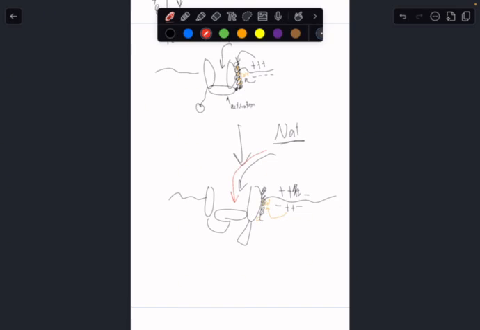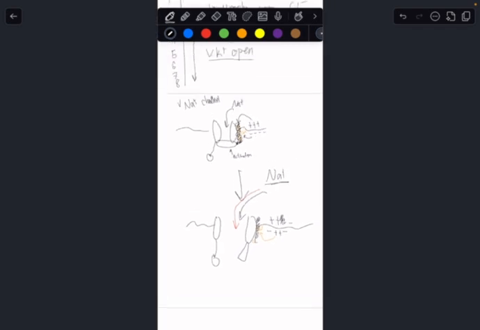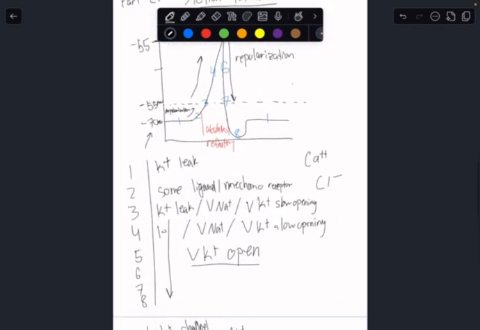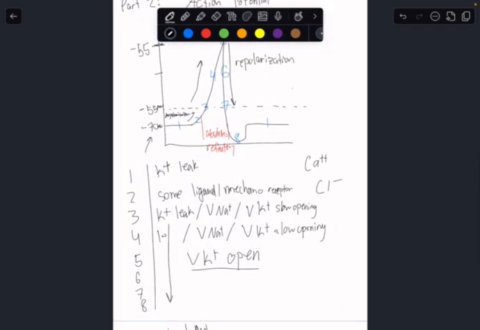This thing's open, and you can't do much to get it to have another action potential, if that makes any sense. Perfect. So anyways, there's nothing you can do there.